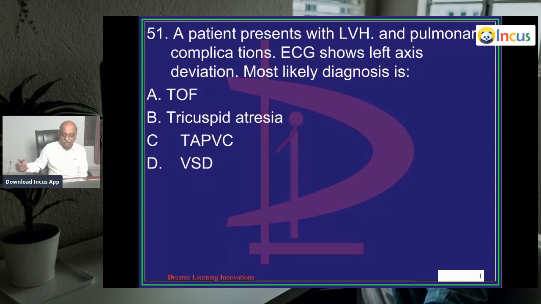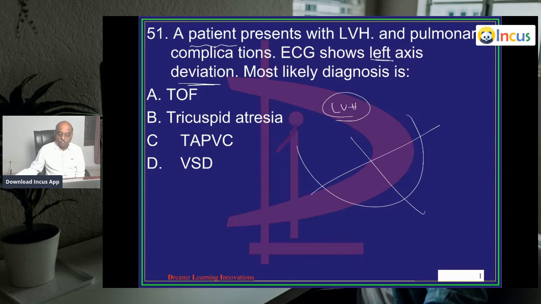Roll the wheel. A patient presents with left ventricular hypertrophy, left axis deviation. What is the congenital heart disease which leads to development of LVH? Very simple. Right atrium to right ventricle; this is left atrium, left ventricle.